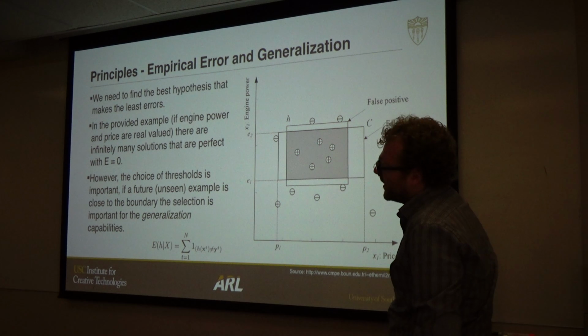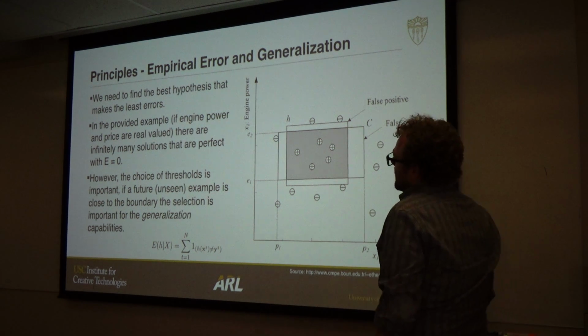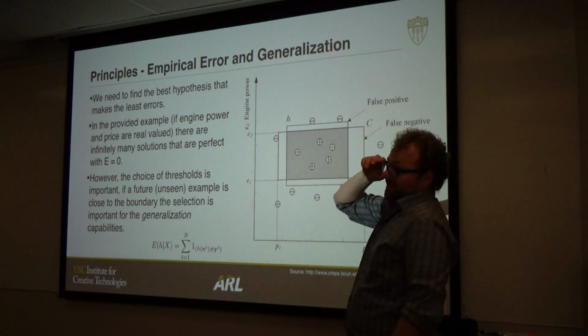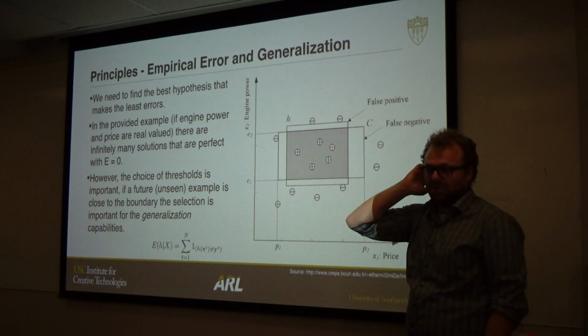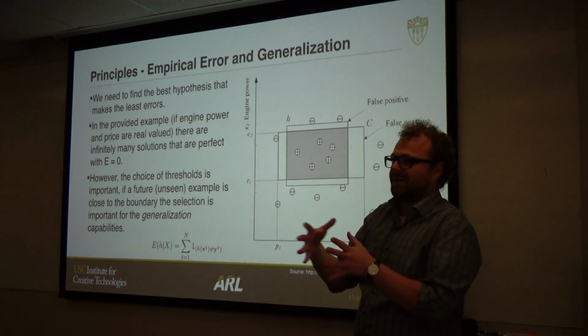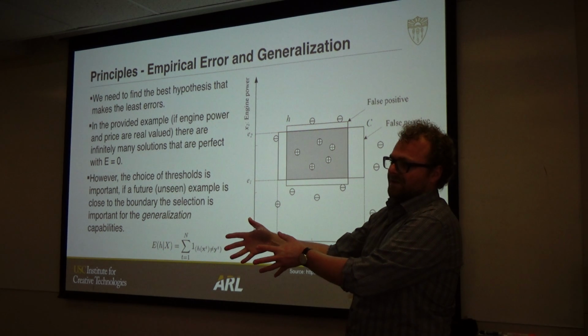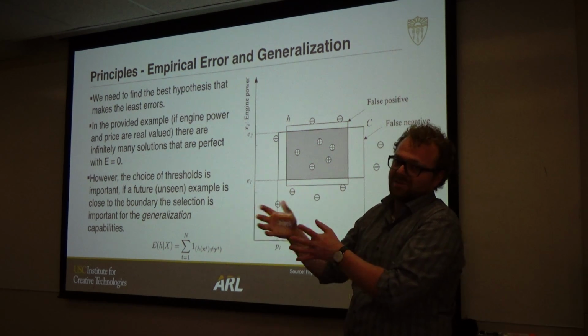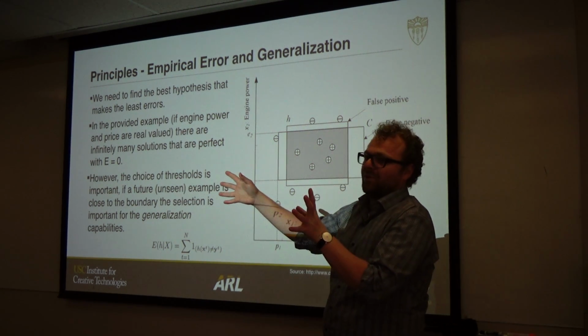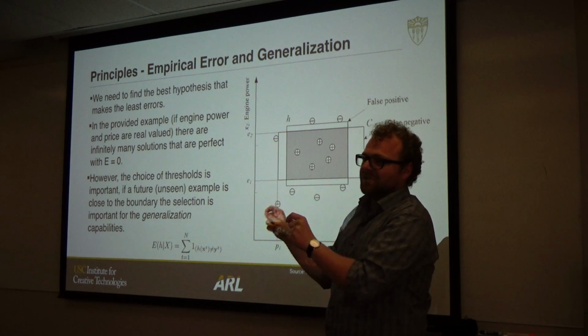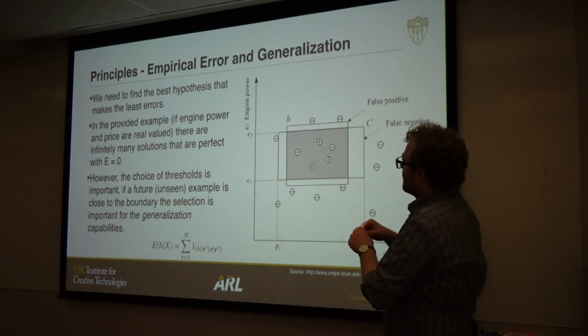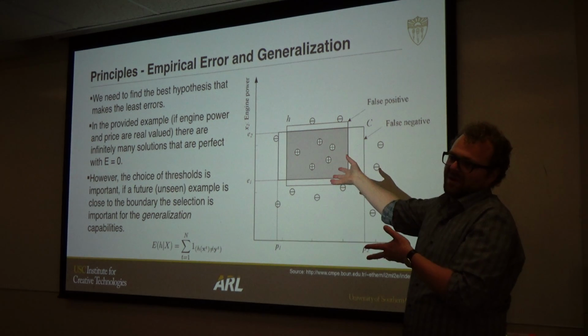And now the interesting part becomes when we want to generalize, right? So we want to create a hypothesis that is as accurate as possible, but also as general as possible. So for every unseen data point, I want it to be as good as possible, okay? As we discussed, we can create many hypotheses.